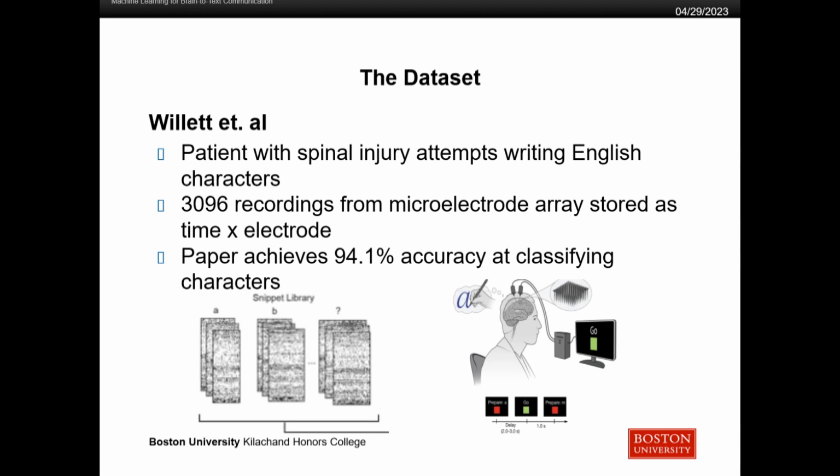That recorded the neural activity in the motor cortex of a man who had been paralyzed by a spinal injury in the middle of his life. So he had at one point learned how to write with his hands, but no longer had that ability.